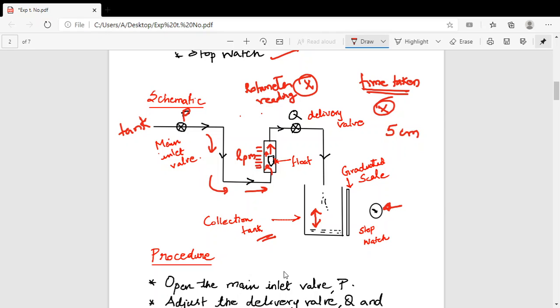Before taking the time readings, kindly ensure that the outlet of this collection tank is closed, or else the level of water in the tank will not be rising. Whatever water is entering, it will go out. So to see the increasing water level, this outlet valve has to be closed, and then you have to note down the time taken for 5 centimeter rise in the water level.